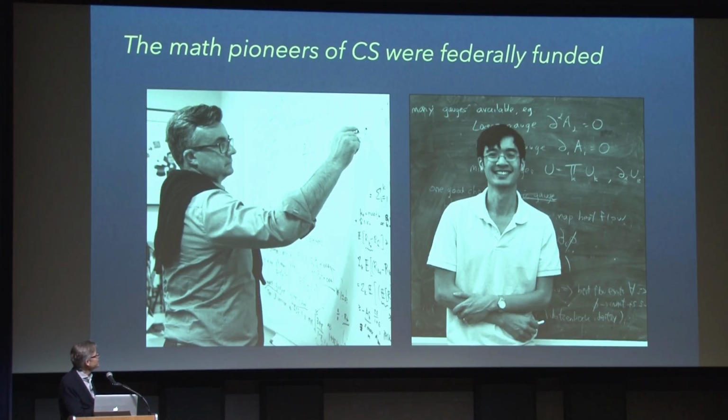And I'll mention, because they'll figure into the story later, Professor Candès and Professor Tao, two well-known mathematicians funded by federal funding, and they were funded federally at the time they did the work that did contribute to the advances that we've seen.